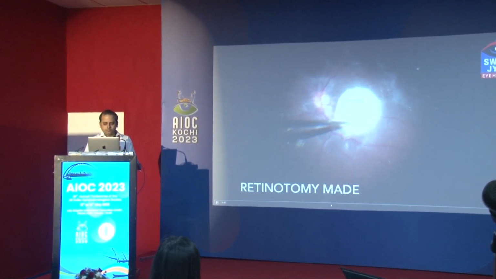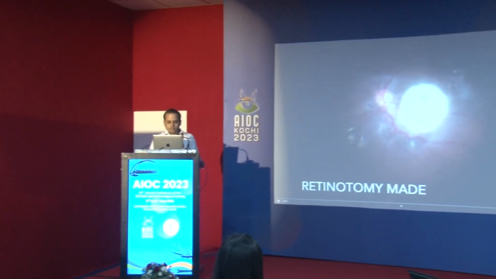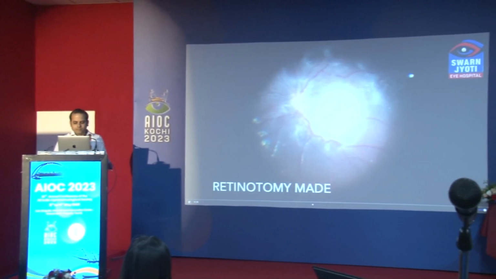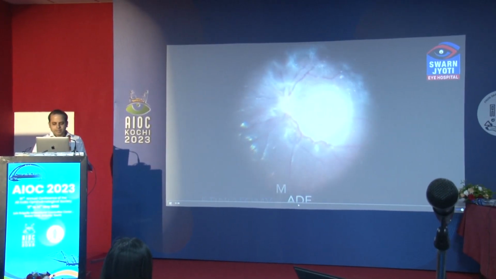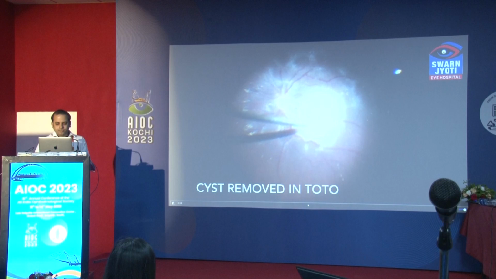A small retinotomy was made at the edge of the cyst to access the subretinal space. Through this retinotomy, active extrusion was used to bring out the cyst in toto. The macular hole was more apparent at this stage.